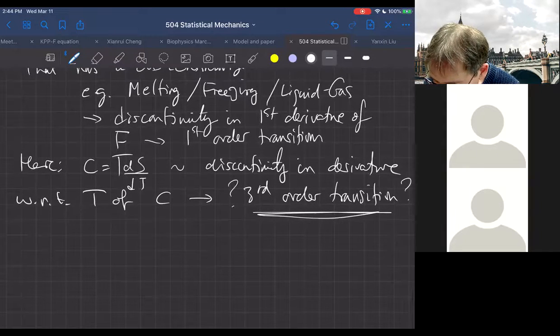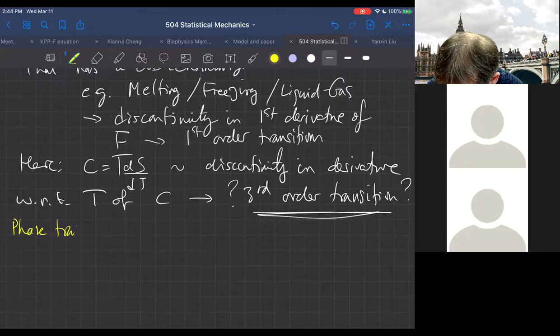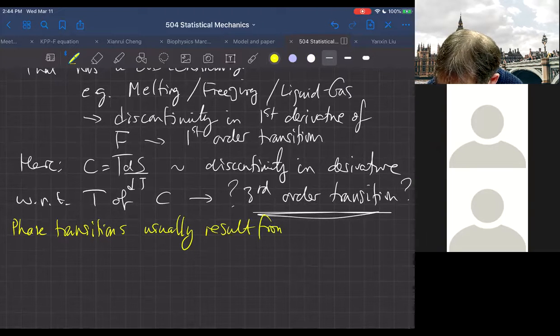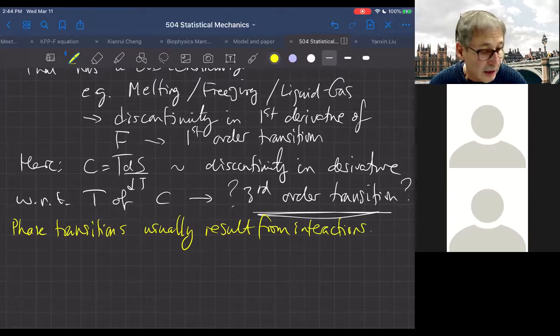Now, the other thing you might say about it being a phase transition is that phase transitions usually result from interactions. We're going to see that later on in the class, specifically how collective effects, interactions between particles or degrees of freedom, give rise to collective phenomena and phase transitions like magnetism and so on.